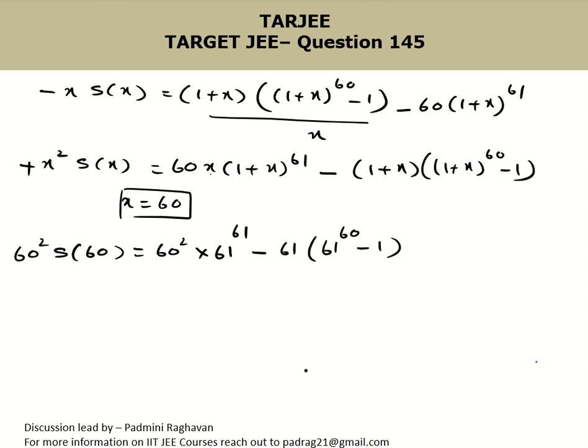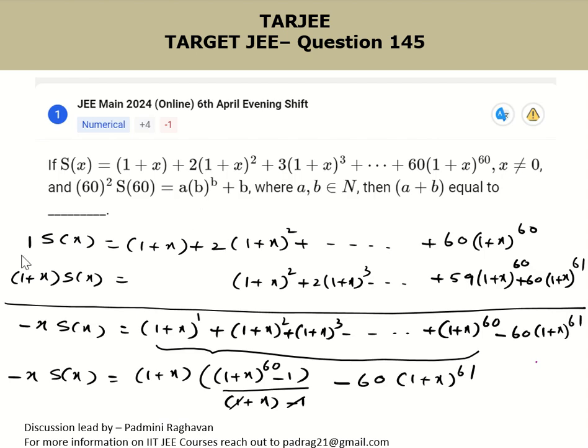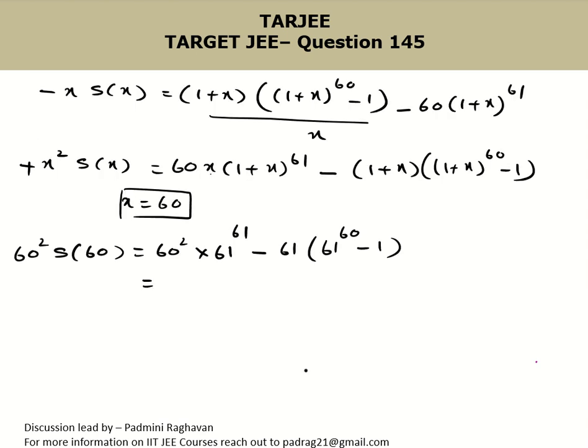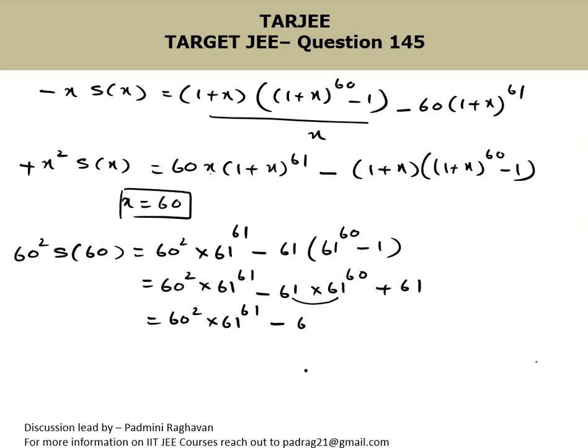So let us see the pattern how they have given: a into b power b plus b. Let me open the bracket and write this as 60 square into 61 power 61 minus 61 times 61 power 60 plus 61. So I can regroup this. I can multiply these two and take it as 60 square into 61 power 61 minus 61 power 61 plus 61.